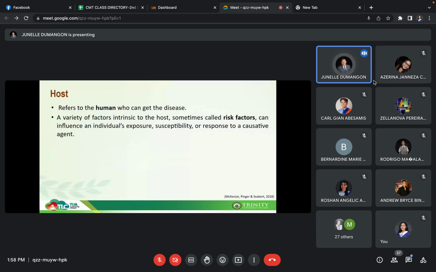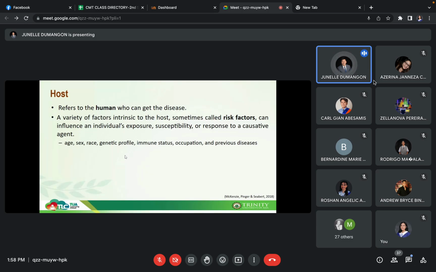There are factors which are naturally found in the host, which is called risk factors. And risk factors influence their exposure, susceptibility, and response to a disease-causing agent, such as age, sex, race, genes, immunity, occupation, and previous diseases. So what do I mean by this?